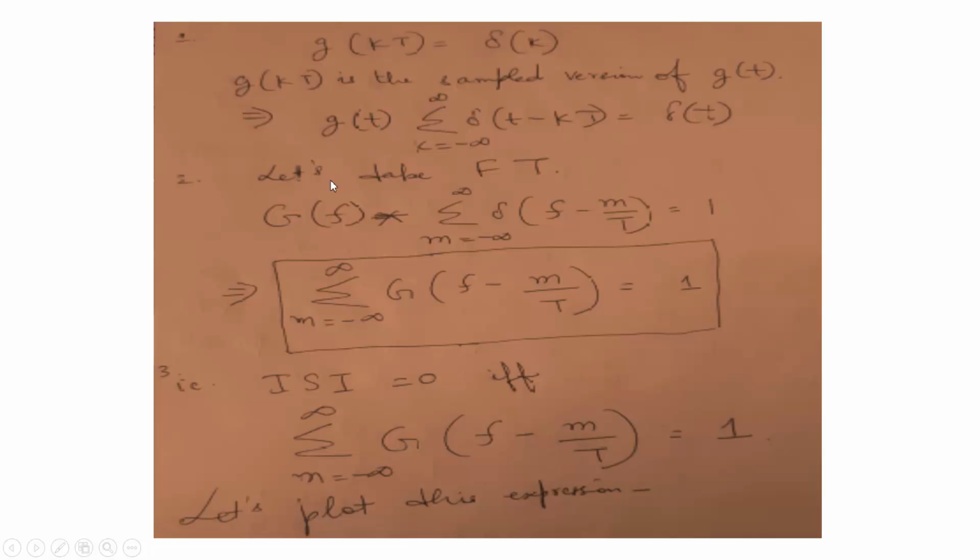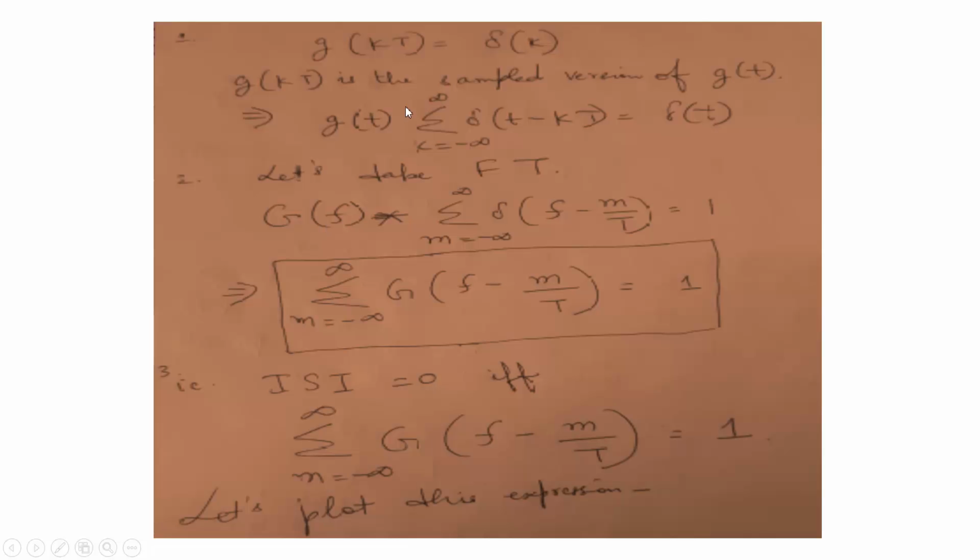All right. Now let us take the Fourier transform of this formula, g(t) times the sum of delta(t minus kT) equal to delta(t). This is the multiplication of two signals, g(t) with this one. And when there is a multiplication in the time domain, in the frequency domain it will be a convolution.